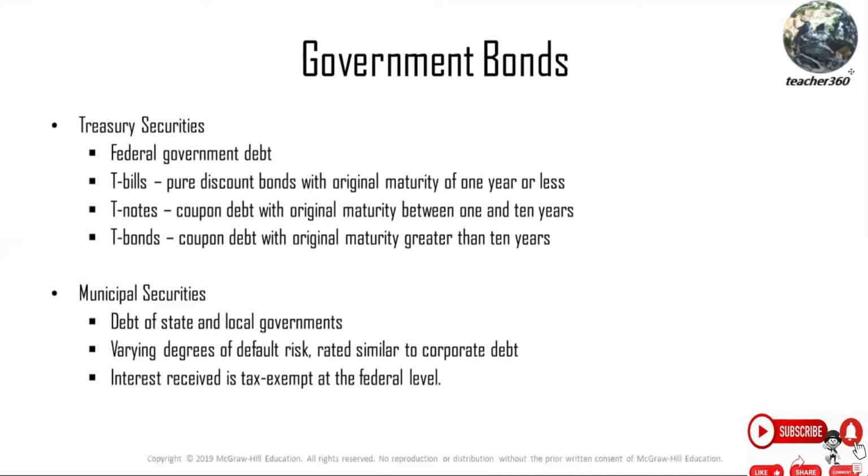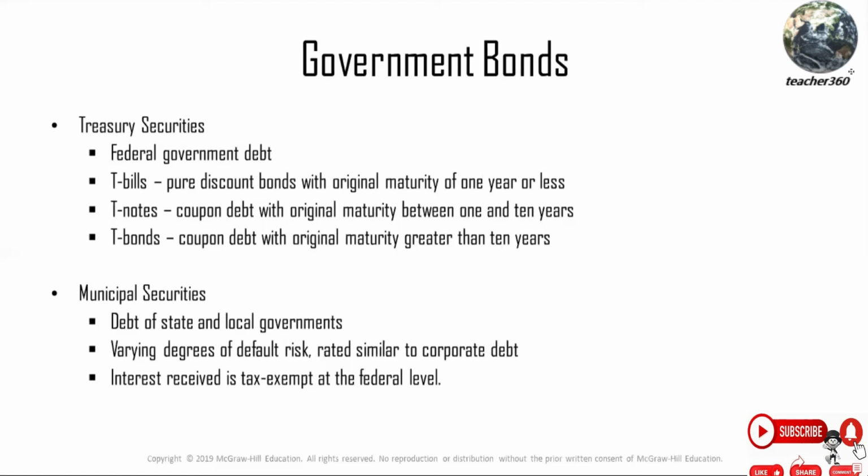We already learned that government can also issue bonds for their fund raising requirement. Government bonds can be issued by the local government, or by the national government, based on their requirement.